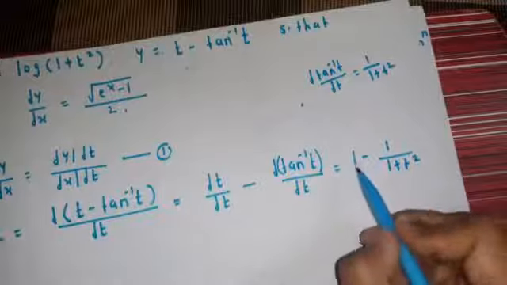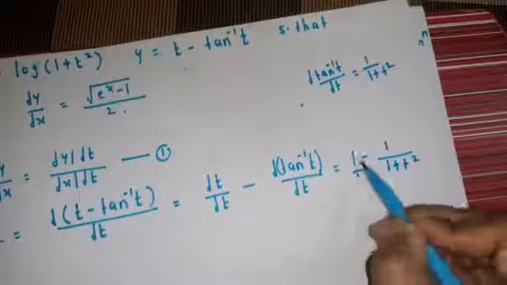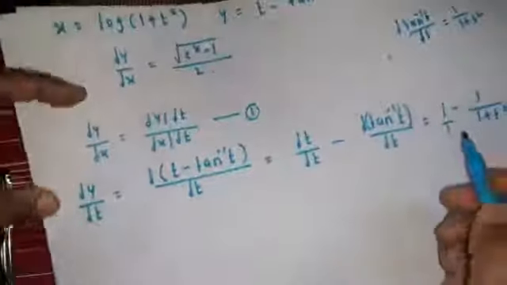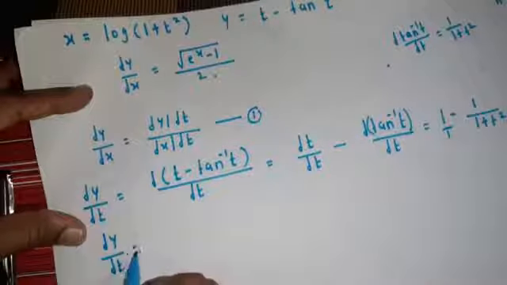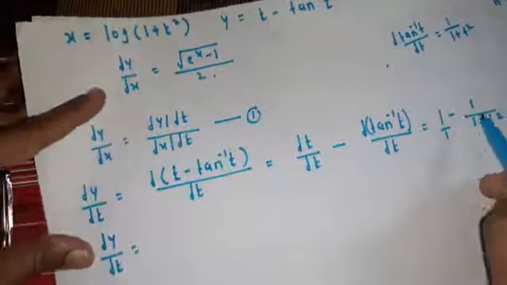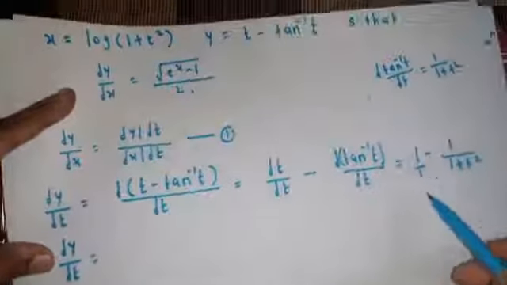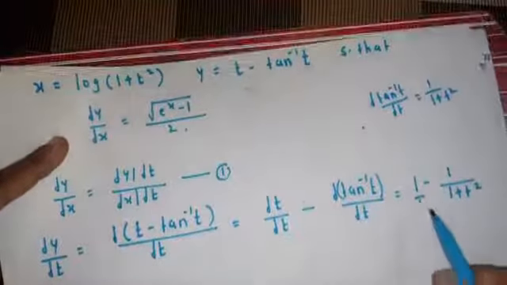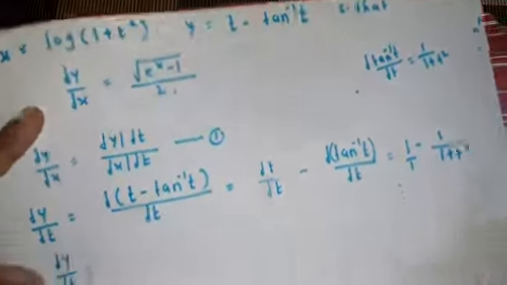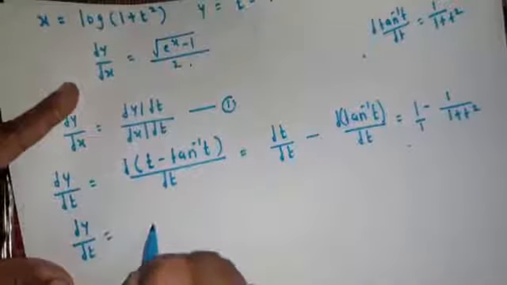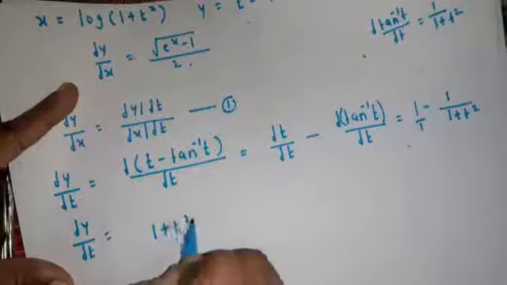Okay students, so first simplify the terms. We will get dy by dt equal to, here we have to take the LCM because the denominator is not the same. The denominator of this term is 1 and the denominator of this term is 1 plus t square, and that's why the LCM is 1 plus t square.